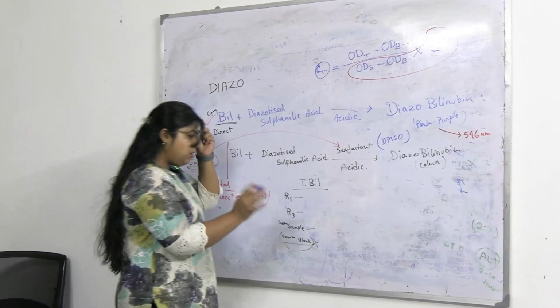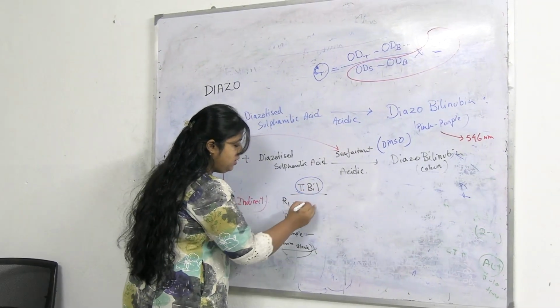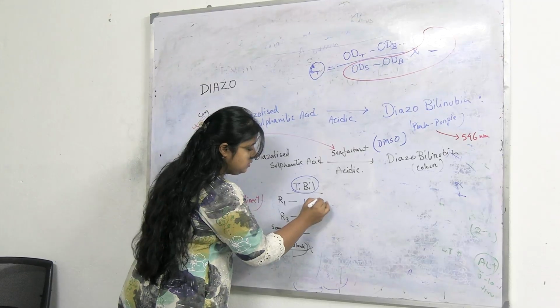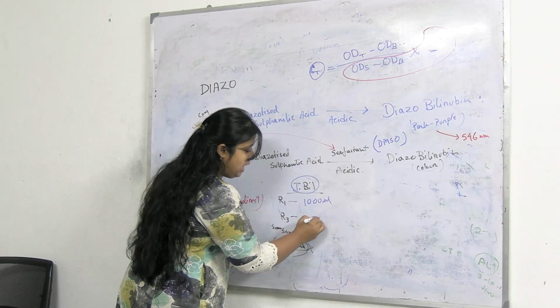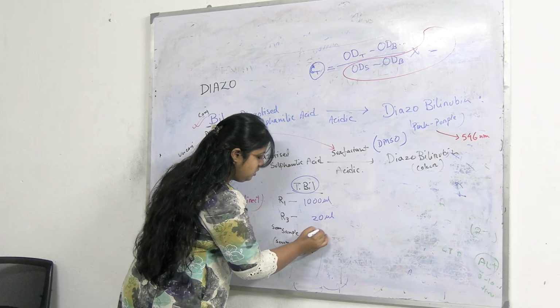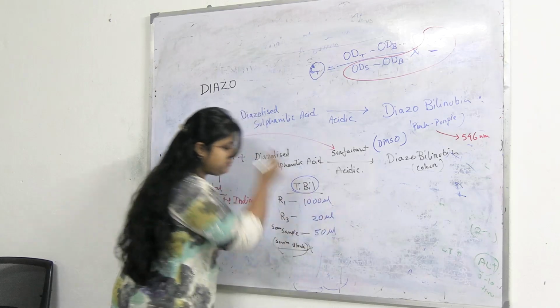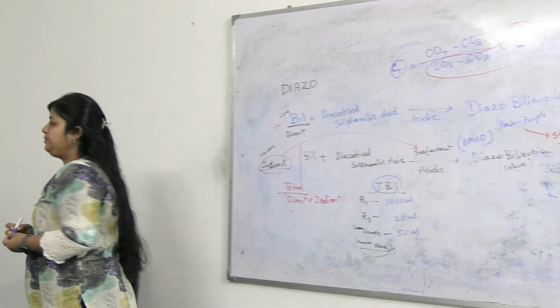In any case, if required, we will use serum blank, but not here. That's why only one test tube will be required. Now for R1, it is 1000 microliter, for R3 it is 20 microliter, and for the serum sample it is 50 microliter.